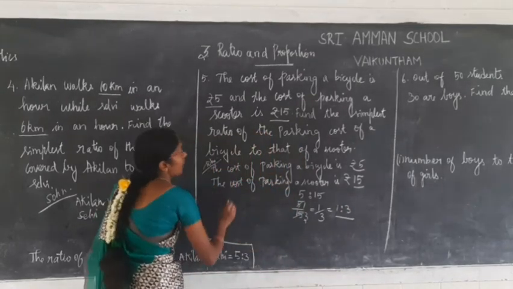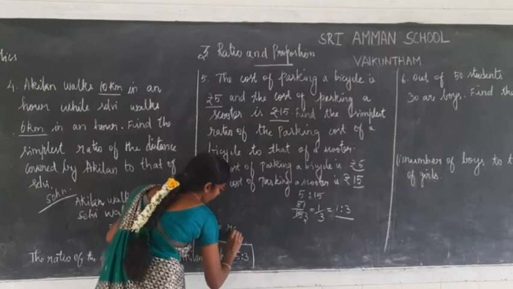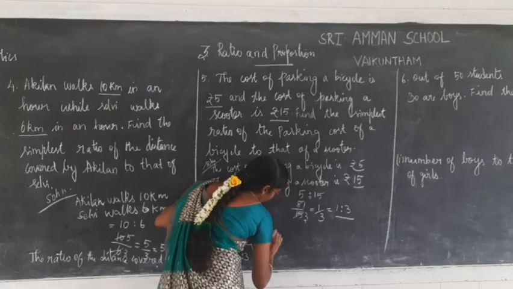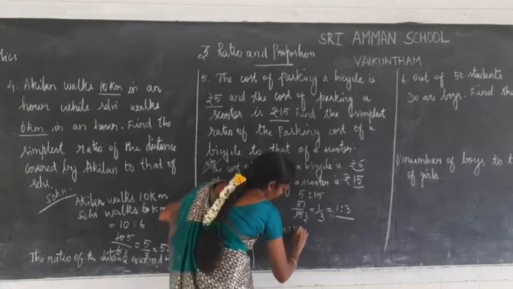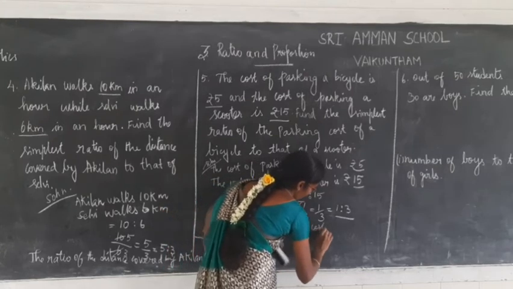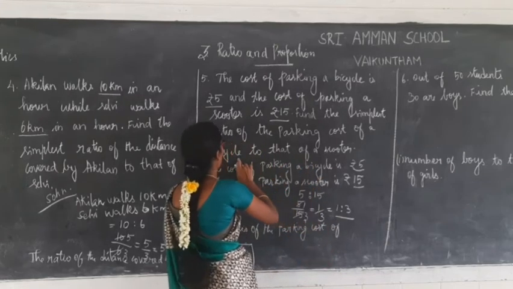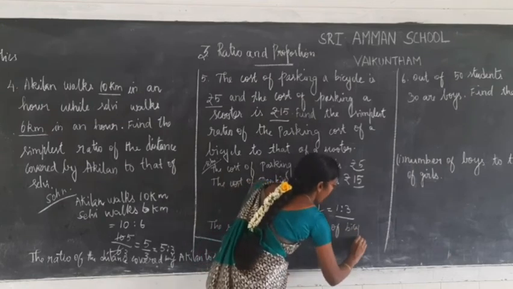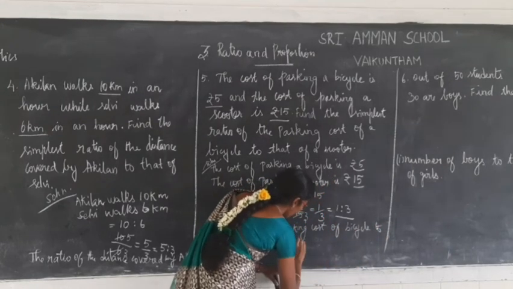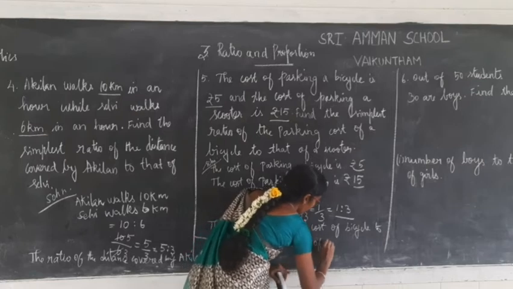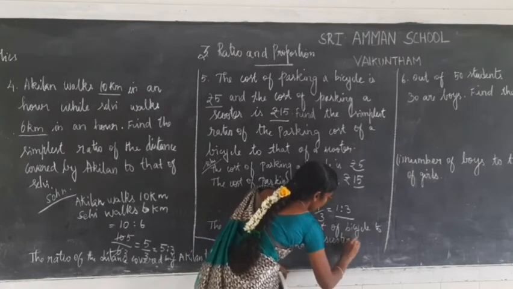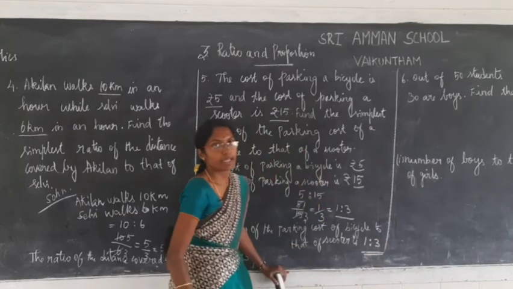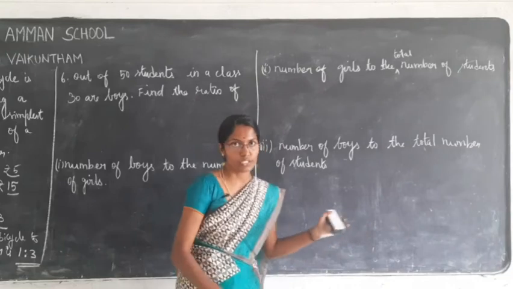So the ratio of the parking cost of a bicycle to a scooter is 1:3. Okay, clear?